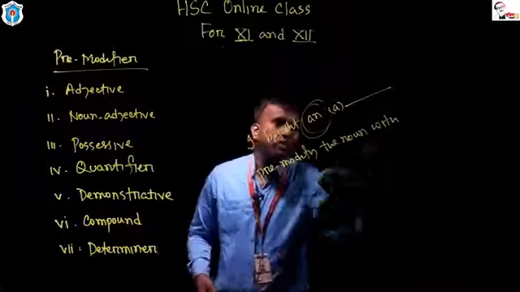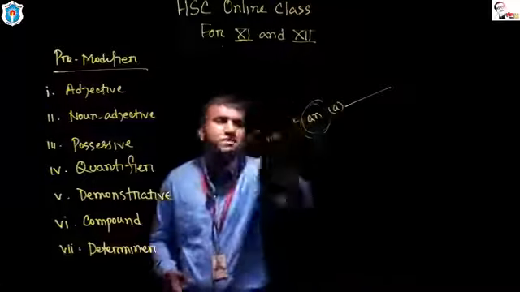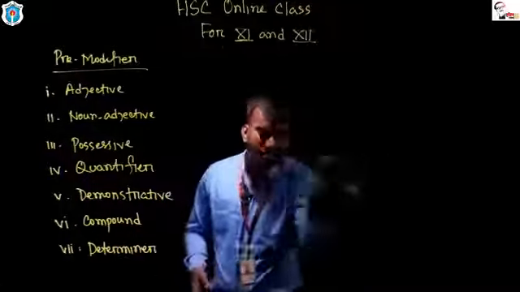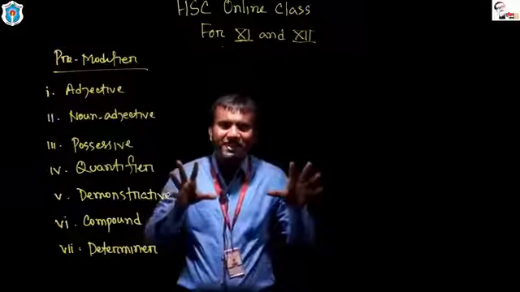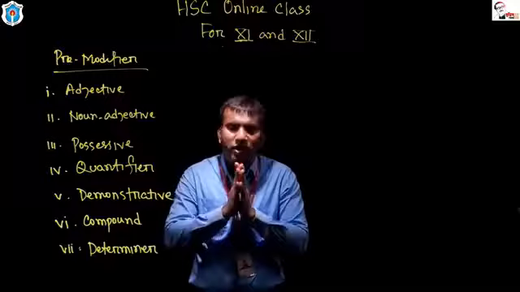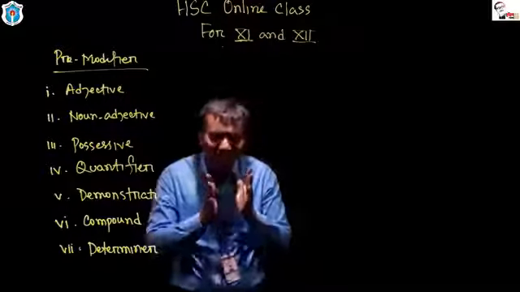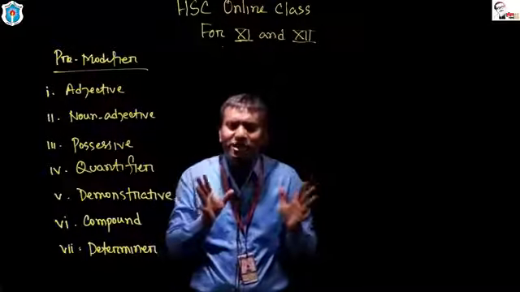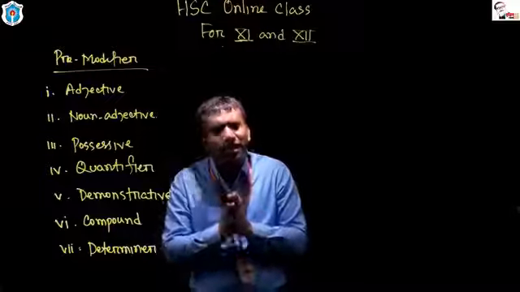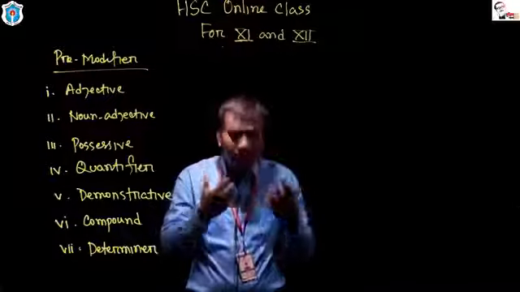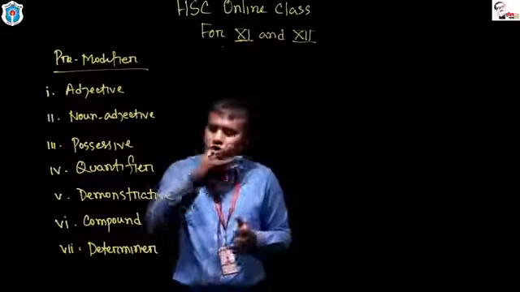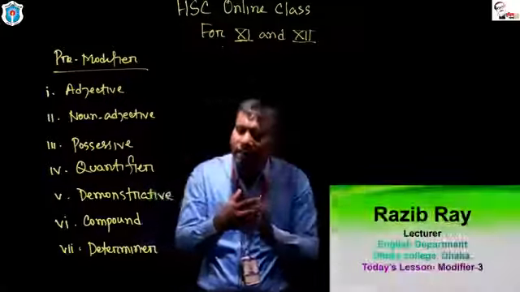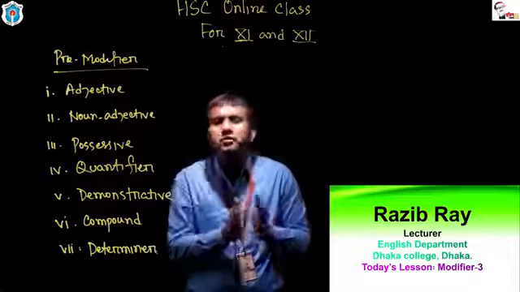Dear students, listen to what I say. Up to this part I have covered the definition of modifier, the classification of modifier, and the question pattern of modifier, and at last I have shown you the important grammatical devices under pre-modifier and post-modifier.